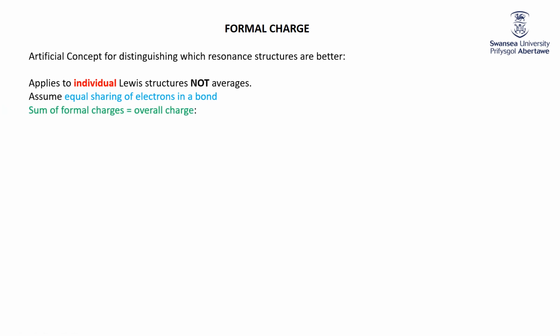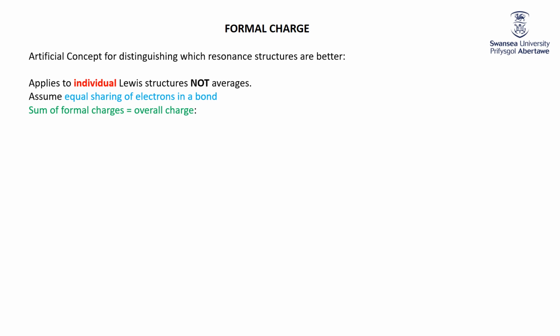The sum of the formal charges equals the overall charge. Before I start, I'm going to say something for the first time, and I'll say it several times again. If an atom obeys common sense, its formal charge is 0. Formal charge is only applicable where an atom is not obeying common sense.